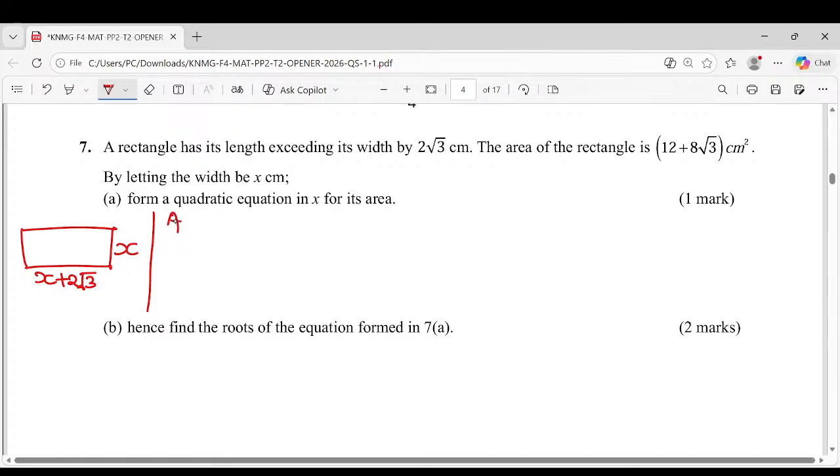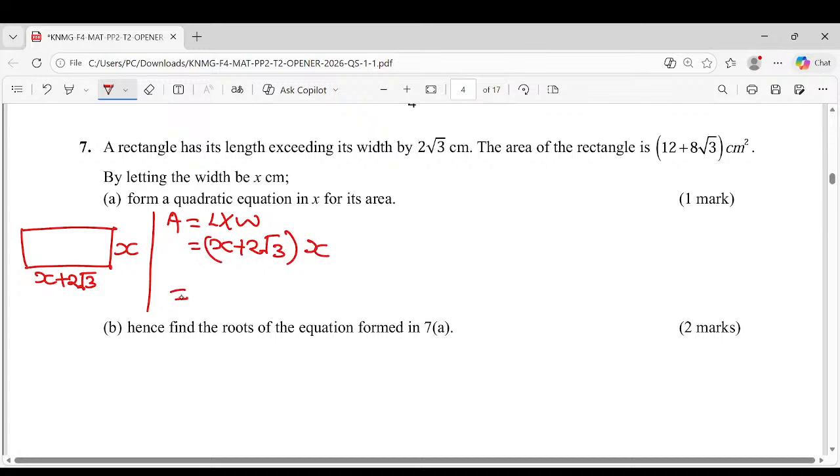How do you get area? Area is given by length multiplied by the width. So this will be x plus 2 root 3, that is our length, multiplied by the width, which is x.